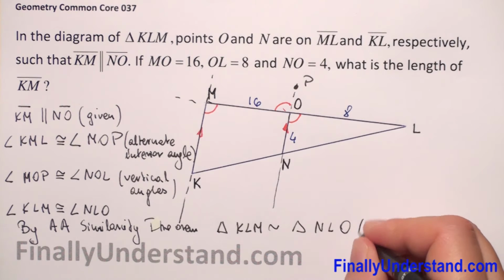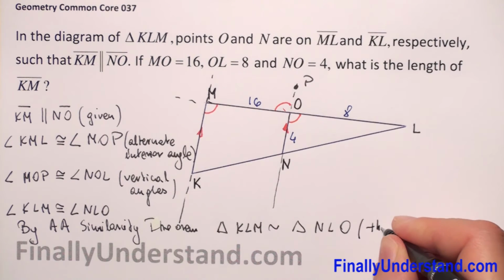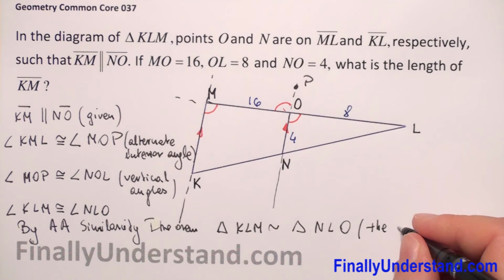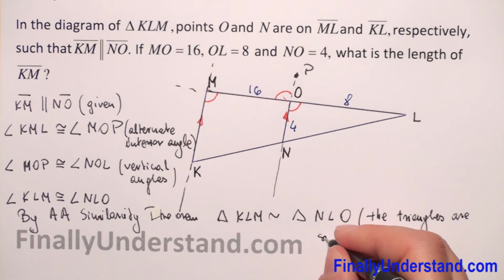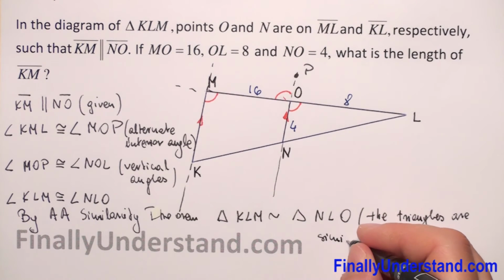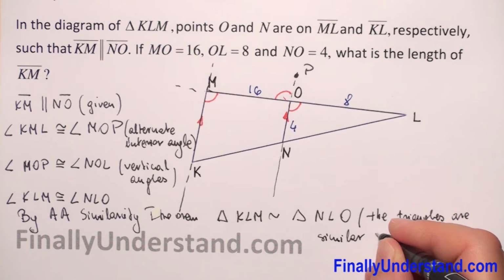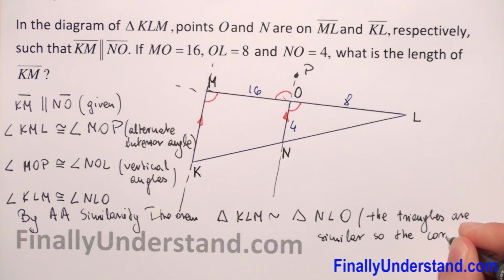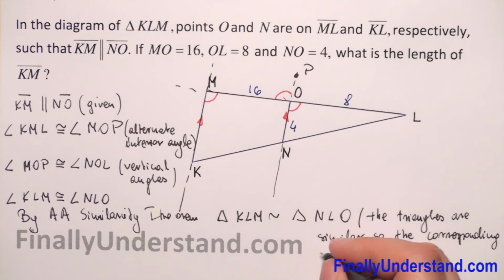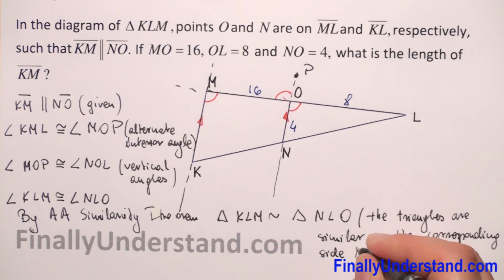So we can write that the triangles are similar, so the corresponding side lengths are proportional.